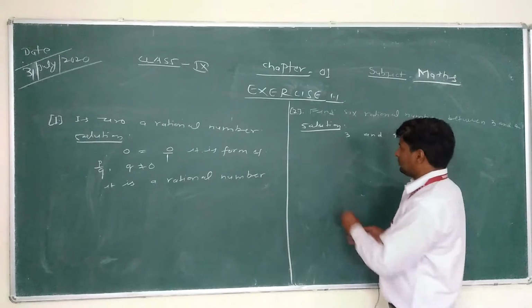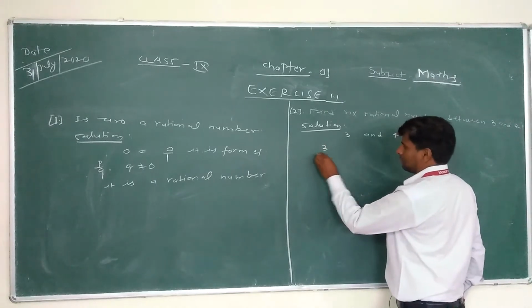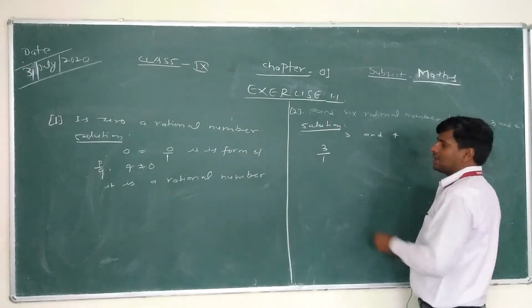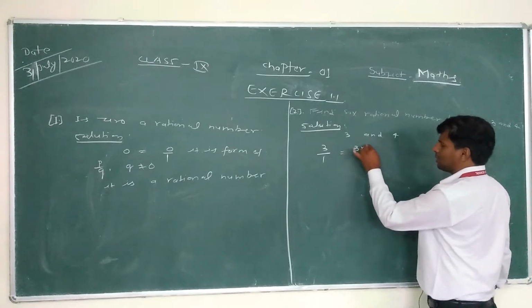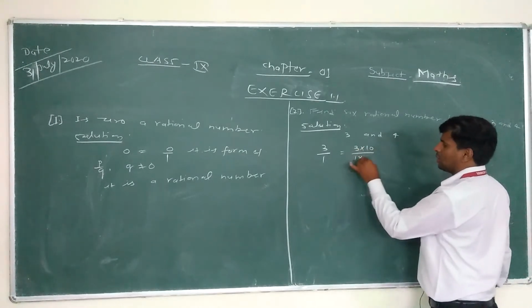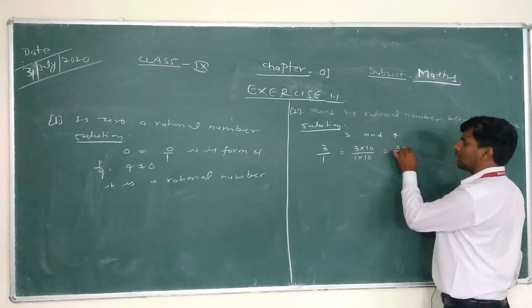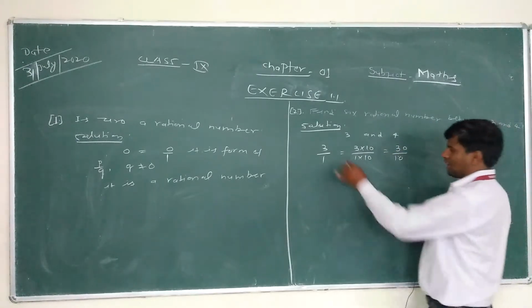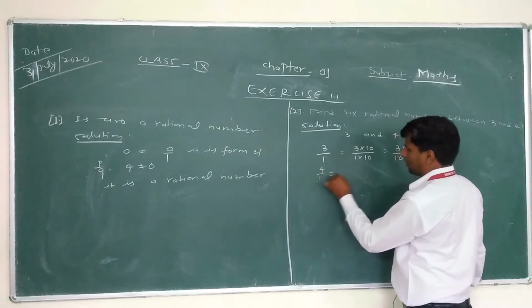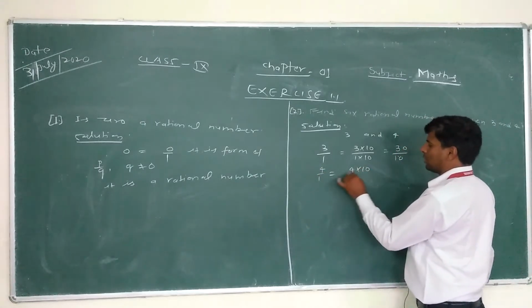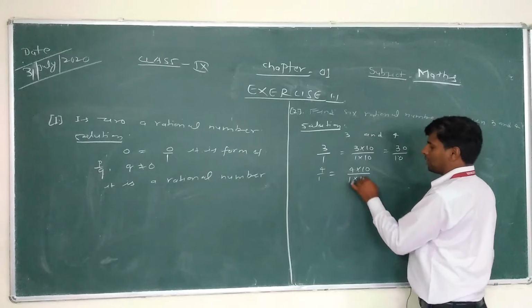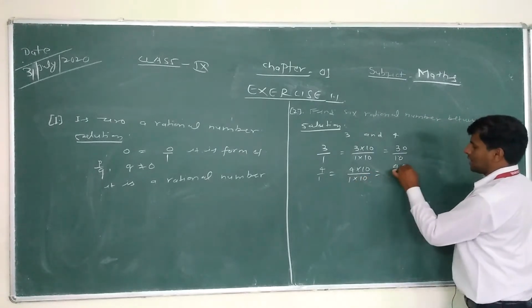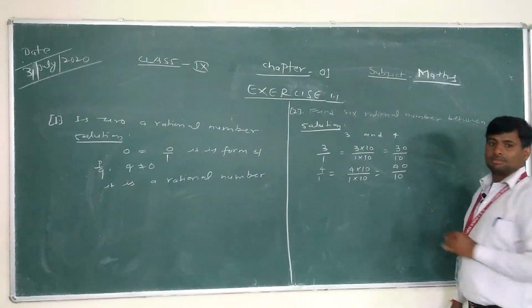So see, it is 3. We can assume the denominator is 1. Multiply both by 10, so we get 30 by 10. Same process for 4 by 1: multiply both numerator and denominator by 10, so it is 40 by 10.